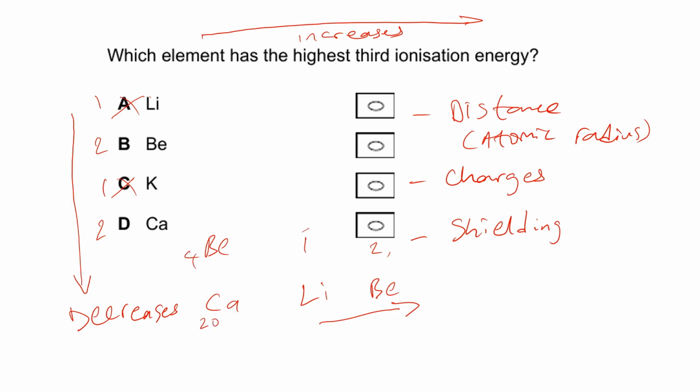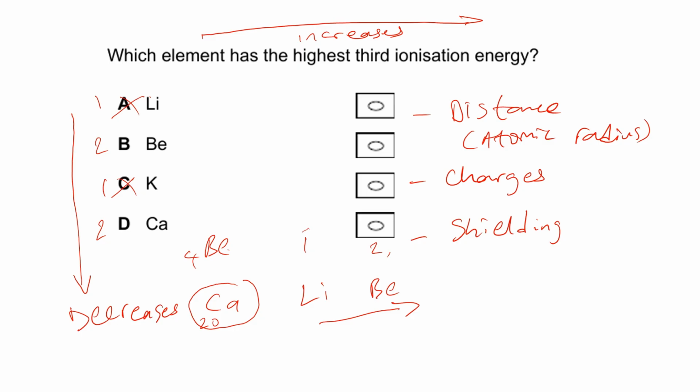So calcium is going to have a lower ionization energy than beryllium because of the distance, the atomic radius. The distance between the nucleus and the last shell of calcium is larger than the distance between the nucleus of beryllium and its last shell.